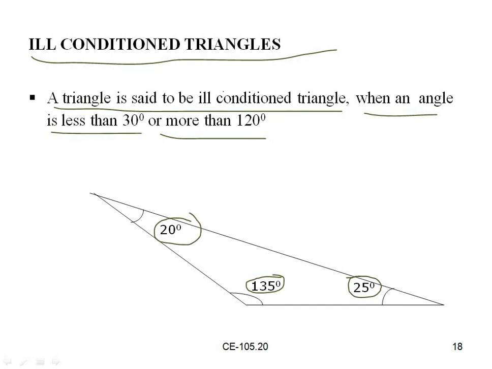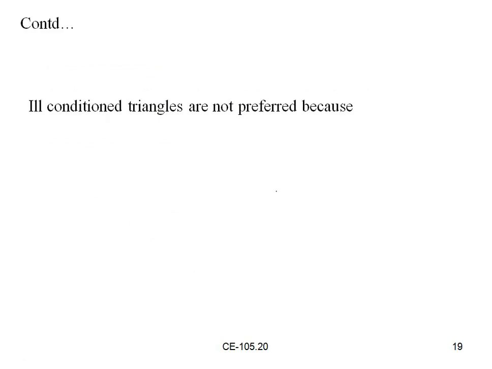Here the angle is less than 30 degrees, and another is more than 120 degrees. That's why we say it is an ill conditioned triangle.